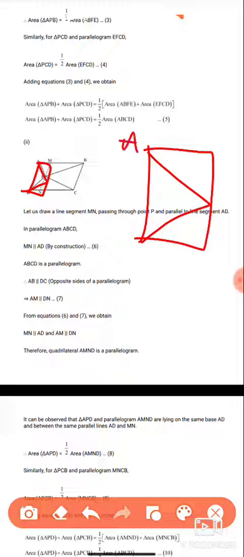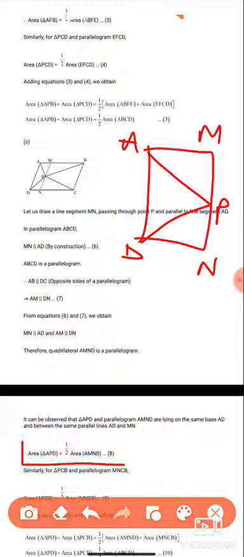Here we have M, A, M, N, D, and here we have point P. Now these are on the same base and between the same set of parallel lines, so both the areas will be equal. So you can write area of triangle APD is equal to half of area of AMND. Now similarly you will see for PCB also.